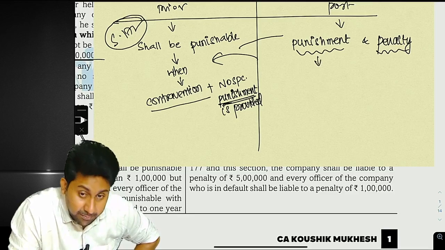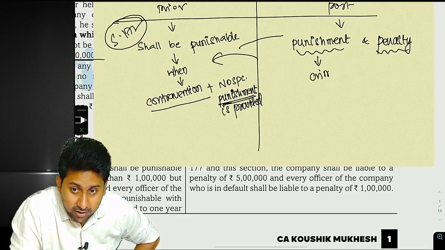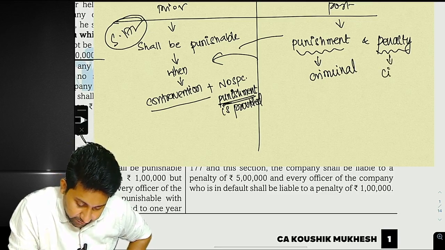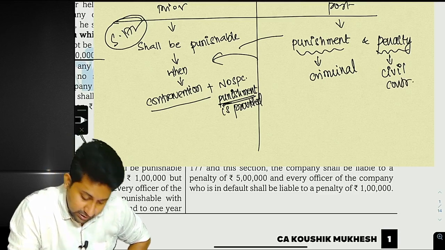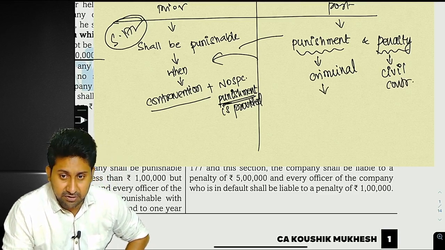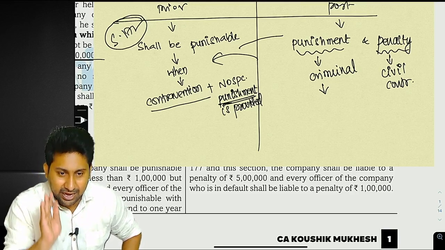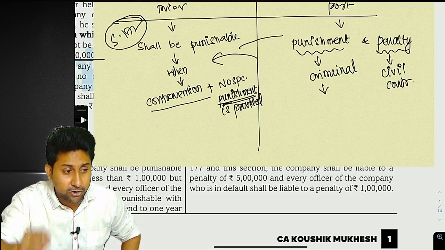Punishment will be given for criminal offences. Penalties are for civil contraventions. Criminal punishments will be levied by, sir, crime does not mean murders etc. Don't go to that. Crime means an intention in mind to defraud the law.